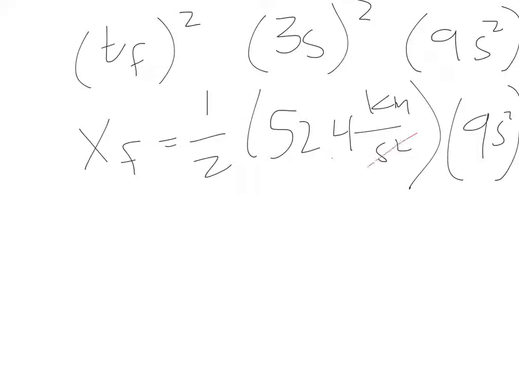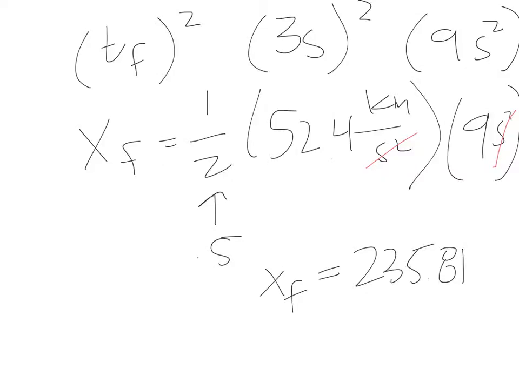You can see that seconds squared will cancel as we multiply here. On your calculator, for 1/2 you can just put in 0.5. 0.5 times 52.4, then times 9, and we end up with final position equaling 235.8. Don't forget the units, kilometers.